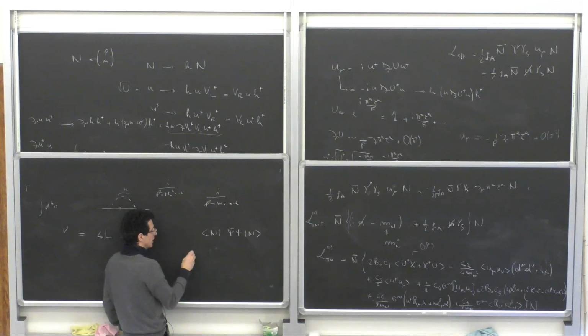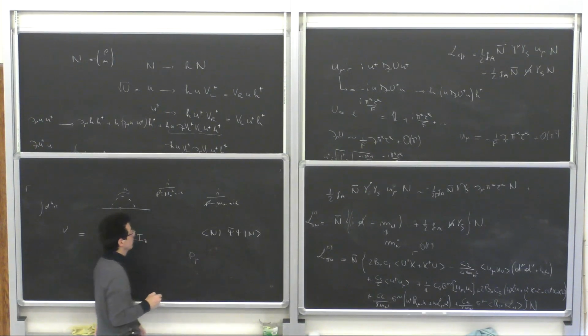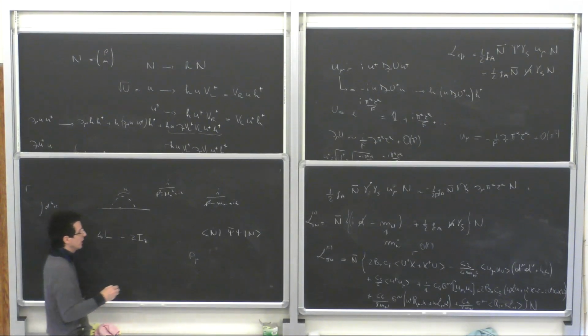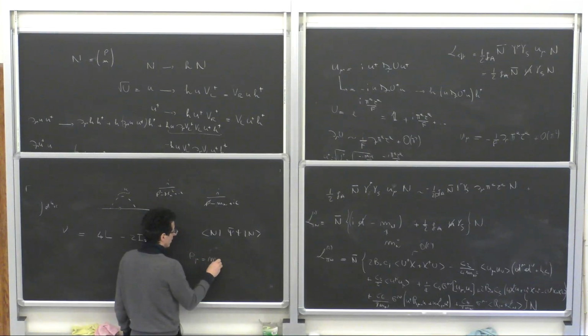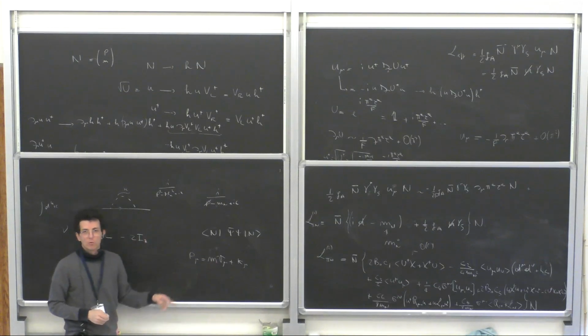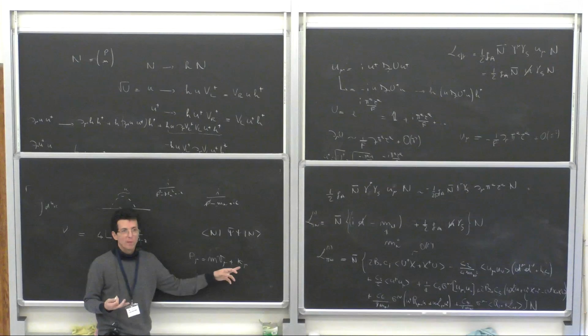And you can do this by saying that the momentum of the nucleons is equal to m times the four-velocity plus some soft momentum.